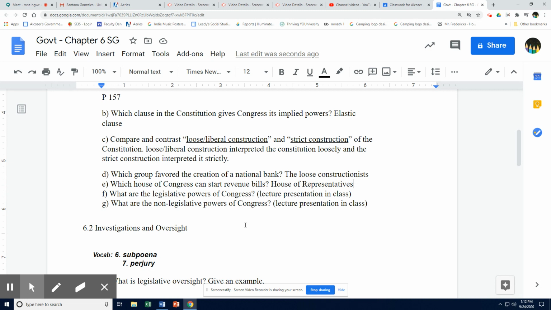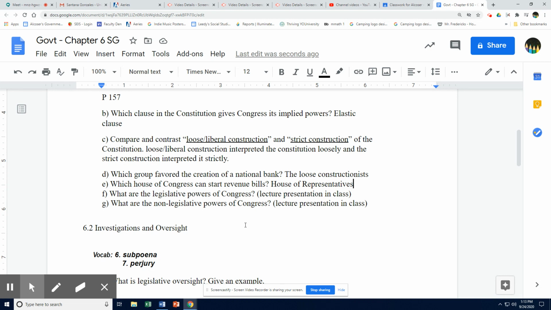So if we look at non-legislative powers, we're talking about the power to confirm or deny presidential appointments, and that's the power of the Senate. Then the legislative powers are the power to pass laws as the nation has grown, and its control of the economy, taxing, spending, and regulating commerce.